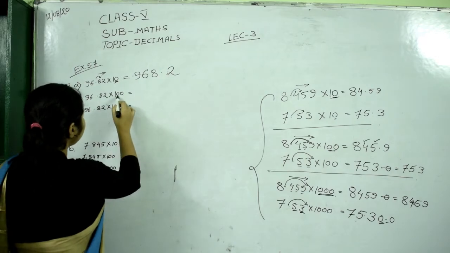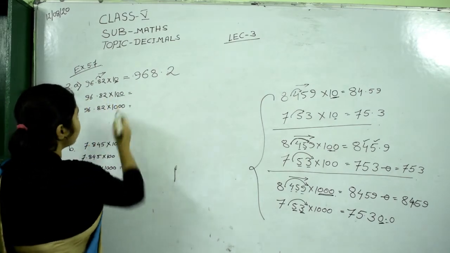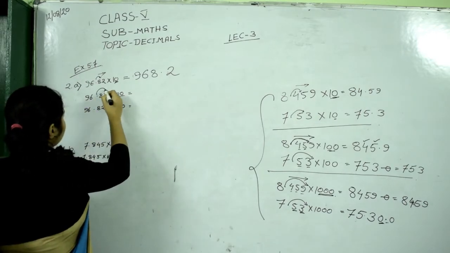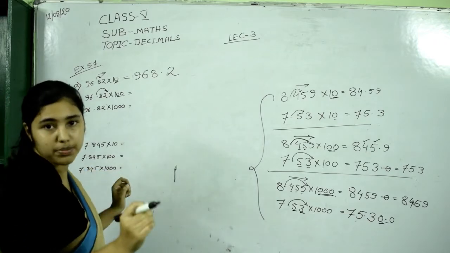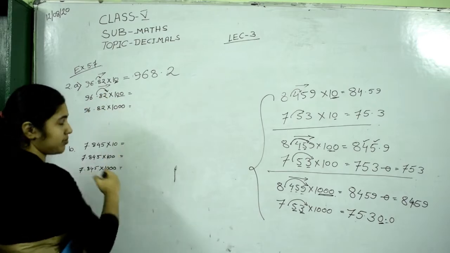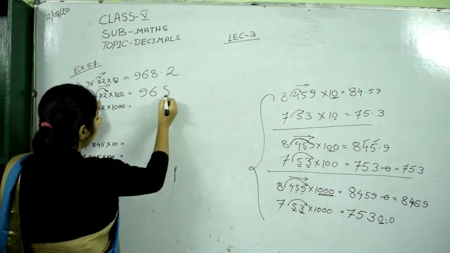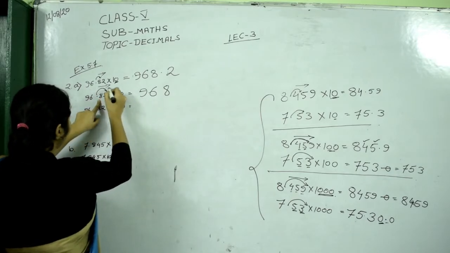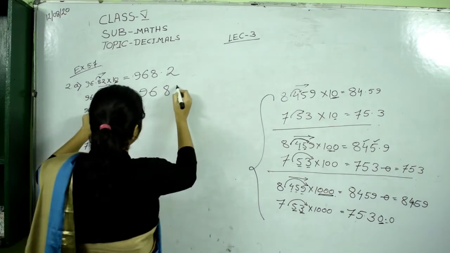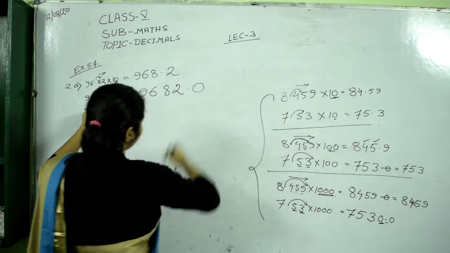Next, here we have to multiply the same number with 100. Here 1 is followed by 2 zeros, right? So the decimal point will shift 2 decimal places to the right. 9, 6, 8, 1's place, and then add 2 decimal places, 0.